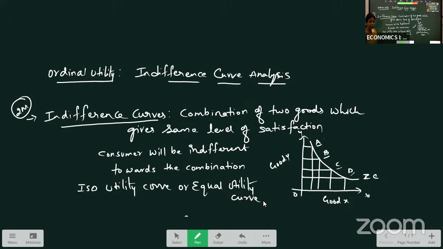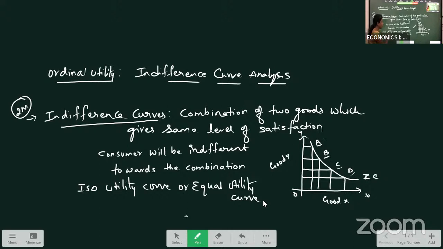Is it clear? What do you mean by indifference curves? Indifference curves mean combinations of two goods which give the same level of satisfaction. The consumer will be indifferent towards the combination, because all the combinations give the same level of satisfaction.